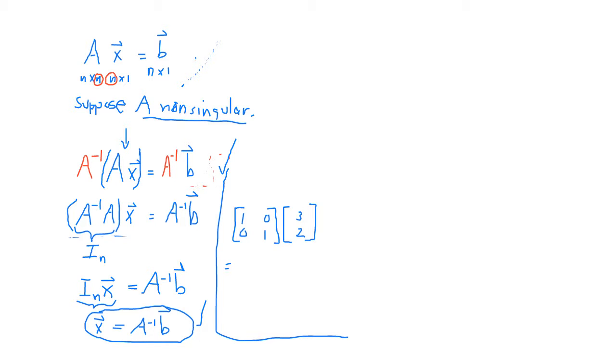Do you see how I'm doing the row column rule? What I'm trying to do is show you why the identity times a matrix or vector will give you the matrix or vector back. I'm trying to help you feel comfortable with that.